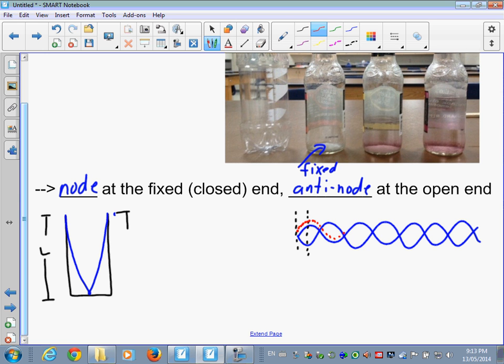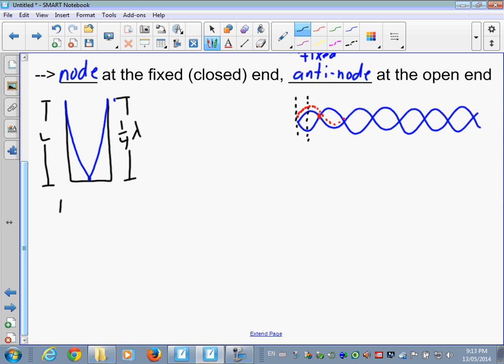Half a wavelength would put you right over here. So what you're actually getting here is 1/4 of the wavelength. So 1/4 of a wavelength equals L, so lambda equals 4L.